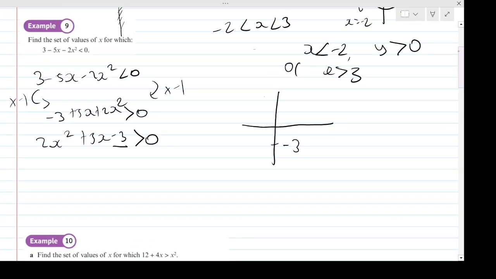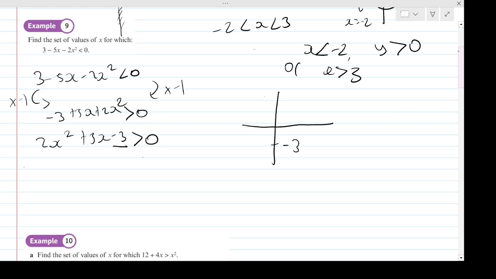To find the roots, we just make it equal to 0, so then we solve it that way. We can use the quadratic formula. What we don't call them roots, because we're not actually solving an equation, since it's actually greater than 0. We're not solving equal to 0. In this case we call it the critical value.